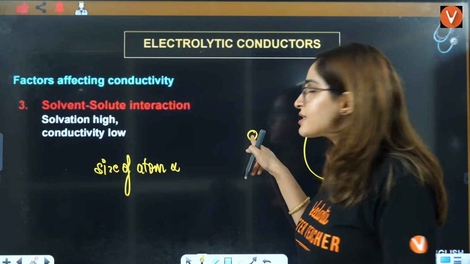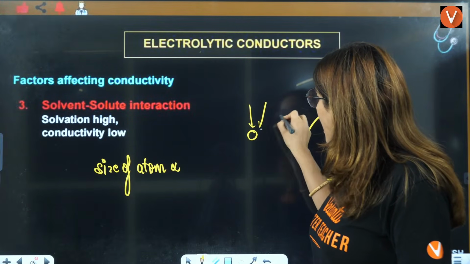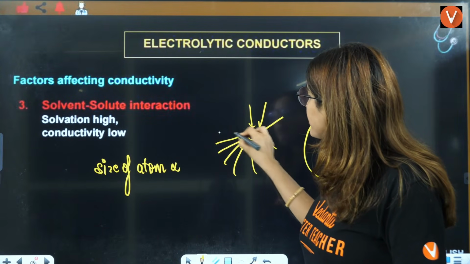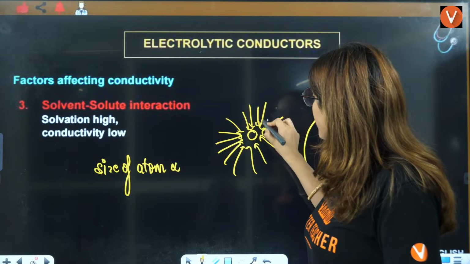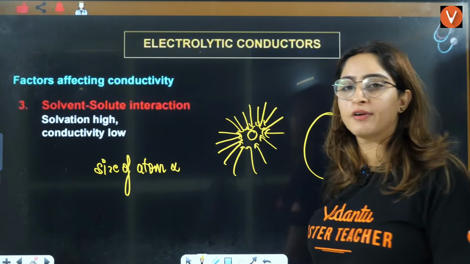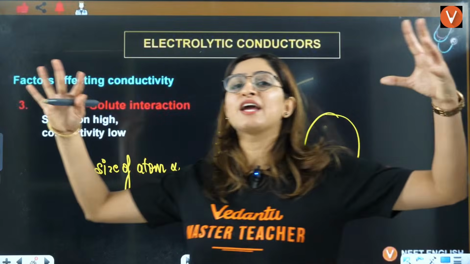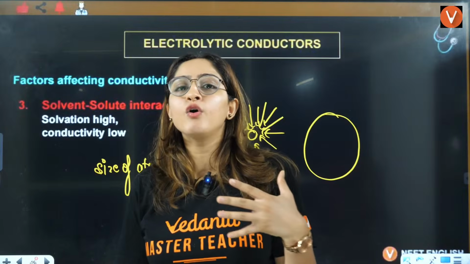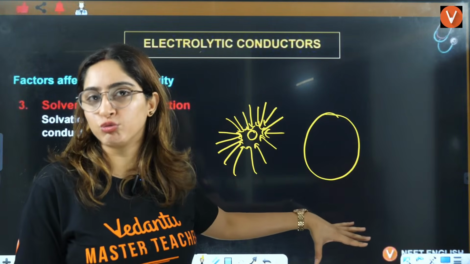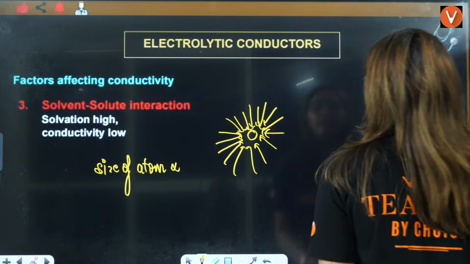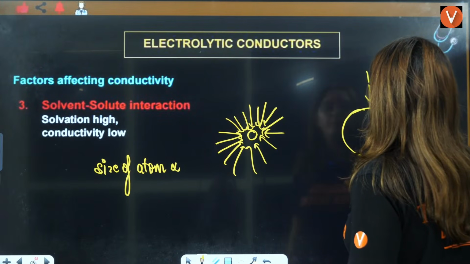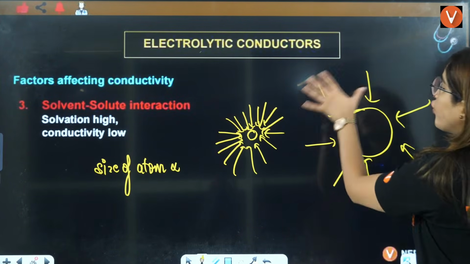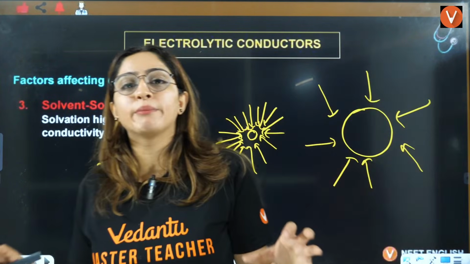So when your confidence is very low, people are going to stress you, make you doubt yourself, right? But when you have very high confidence, that yes, I am preparing, I have trust within myself, now when people try to put you down, will they have any effect on you? No, right? So when the size is big, very few molecules of water will be able to surround it.